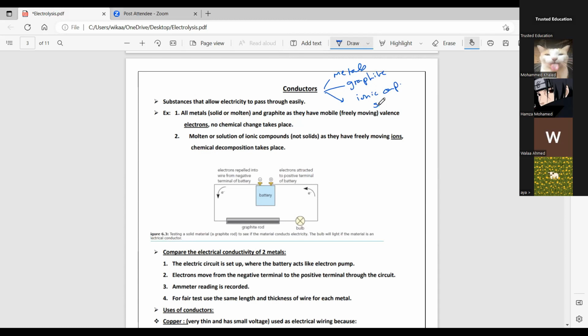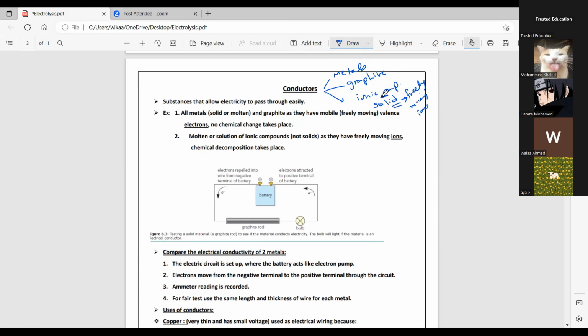يعني مثلا solid ionic compounds, can they conduct electricity? Can solid ionic compounds conduct electricity? Okay, no. One of you wrote the answer no. Why they do not conduct electricity? Because they do not have freely moving ions.